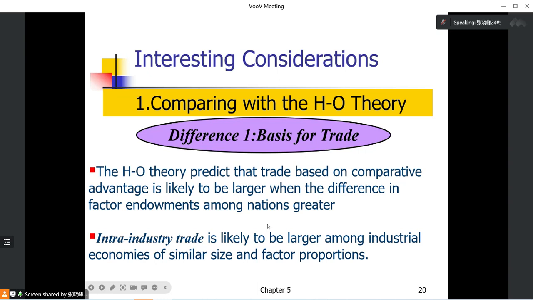Now here we can see that intra-industry trade takes place mostly among the industrial economies of similar size and factor proportions.